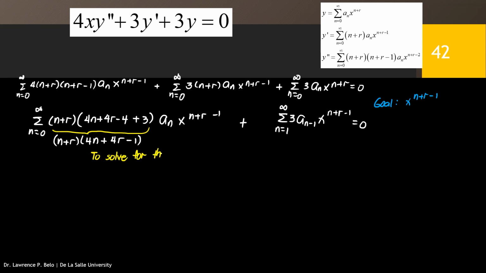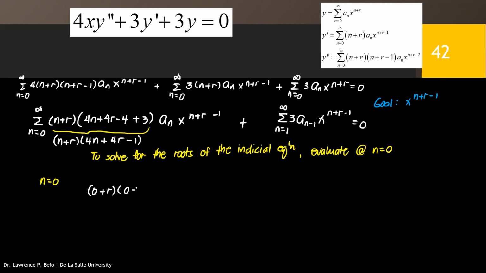solve for the roots of the initial equation. Evaluate at n equals 0. So that means at n equals 0, (0 plus r)(0 plus 4r minus 1), and then a sub 0 is 0. So you're left with r(4r minus 1) a sub 0 is 0.